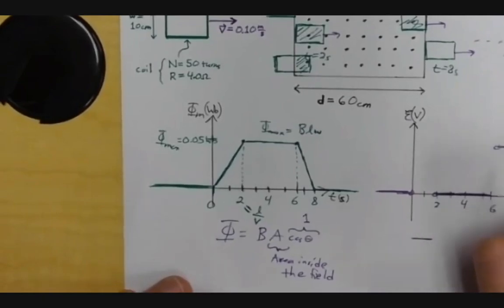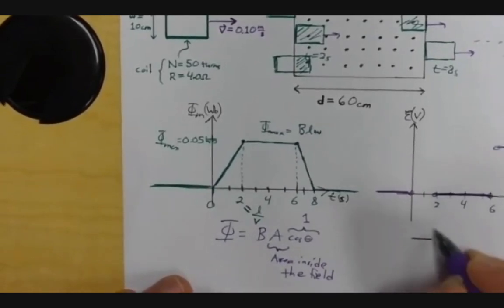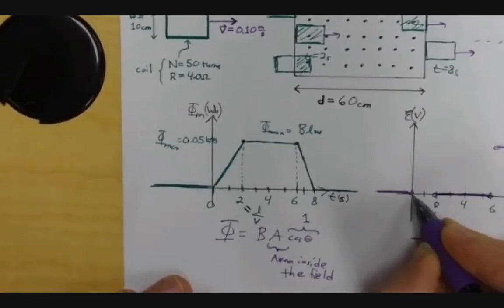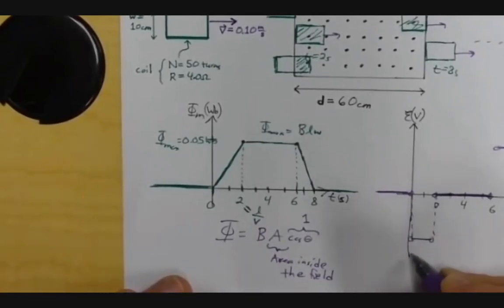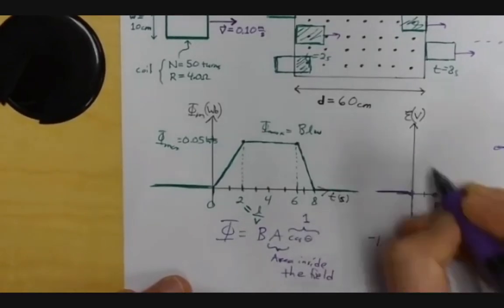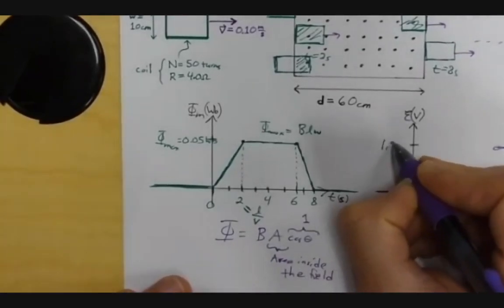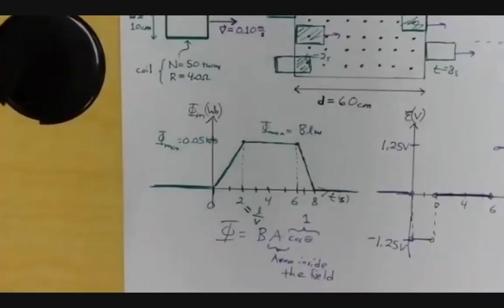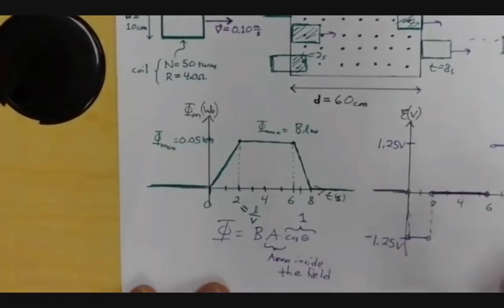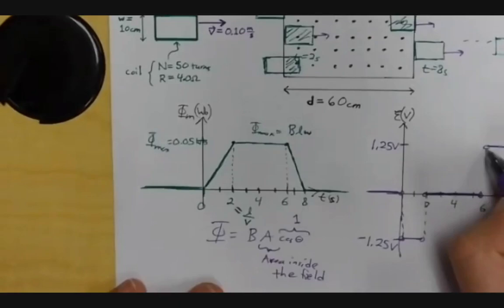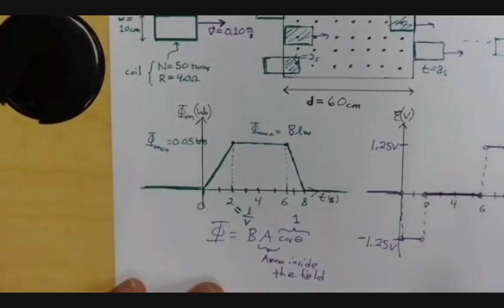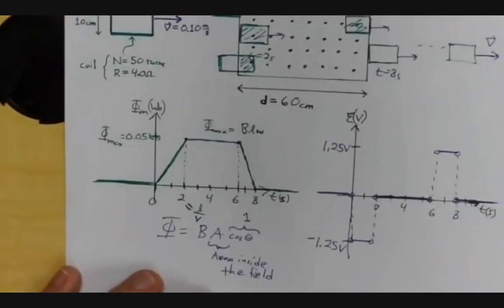Maybe you could put open circles or something, but don't care too much about some of those issues. What is this value? Negative 1.25 volts. And this is positive 1.25 volts. So it looks about like that.